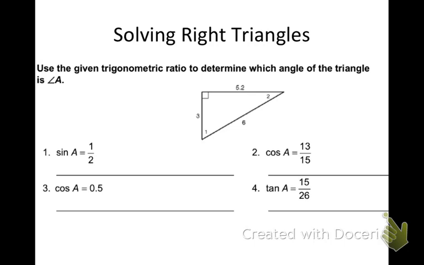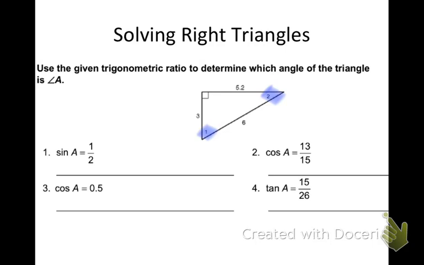The first thing we're going to talk about is how to identify sine, cosine, and tangent. Number 1 says, I want to find which one is angle A. Is it 1 or is it 2? I have 2 angles here. It says the sine of angle A is 1/2.